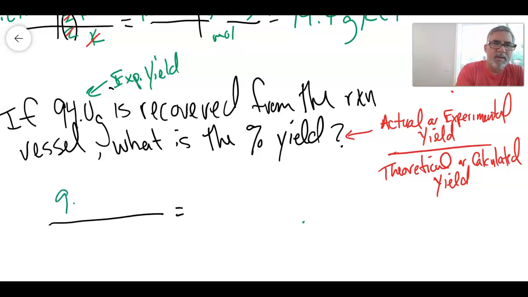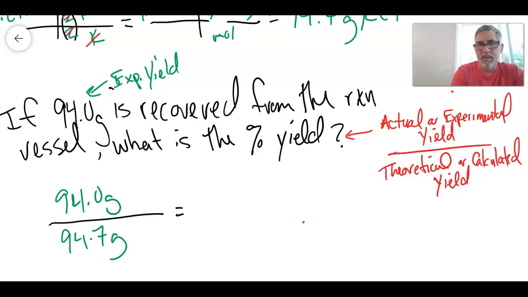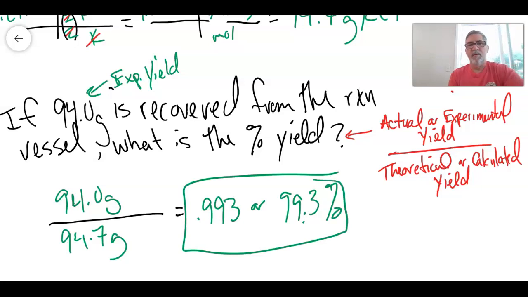So I can put my 94.0 grams, right? My theoretical yield from the top, 94.7 grams. And this should get 0.993 or 99.3%. Okay, so that's how you do it.